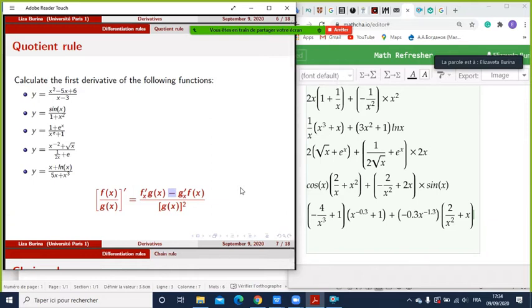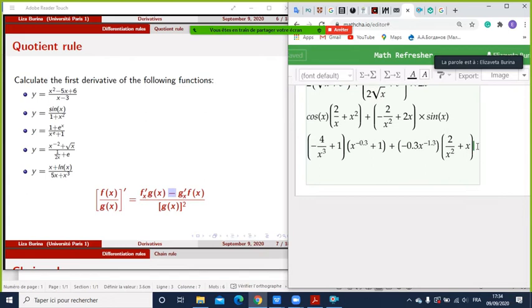Here, before we do that, I want to show you a couple of examples, as last time, so you get it refreshed.